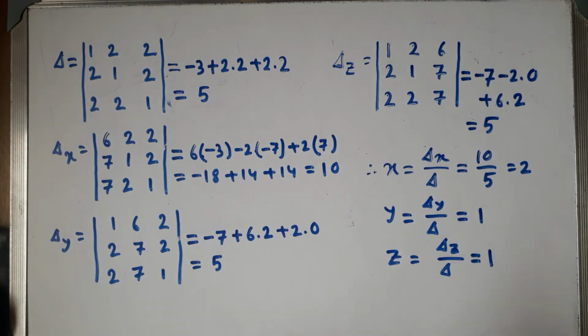So the solution of the system is x equal to 2, y equal to 1, z equal to 1. This is by Cramer's rule. This is the second method of solving a system of equations.